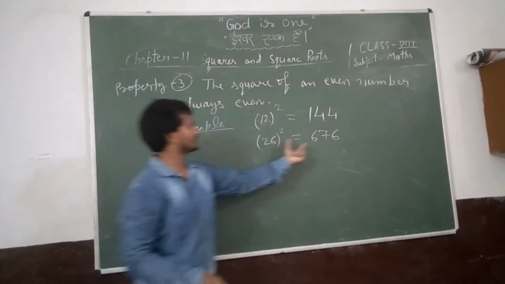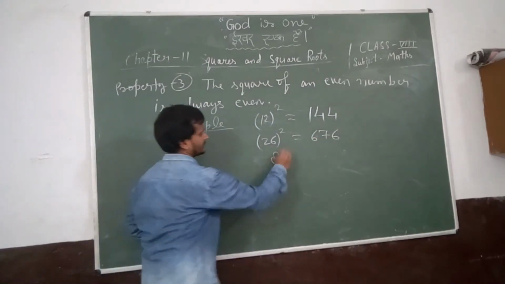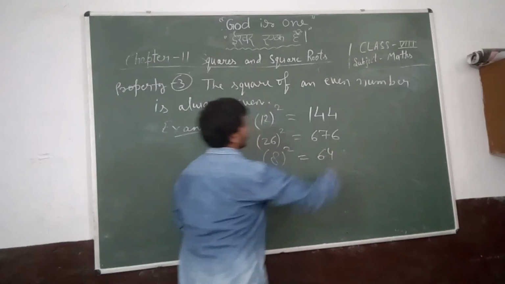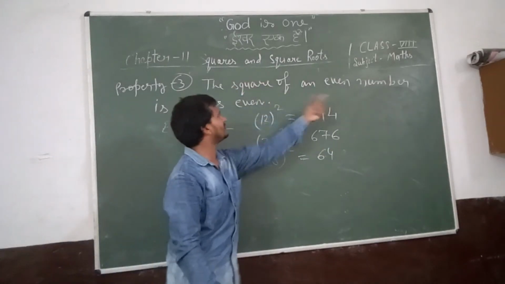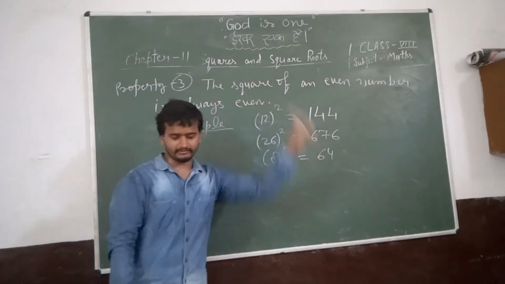Square of 26, 676, square of 8, 64. So this is one of the property that the square of an even number is always even.